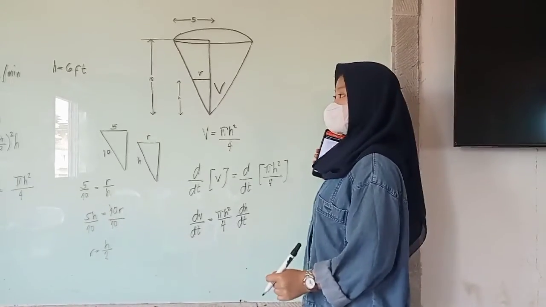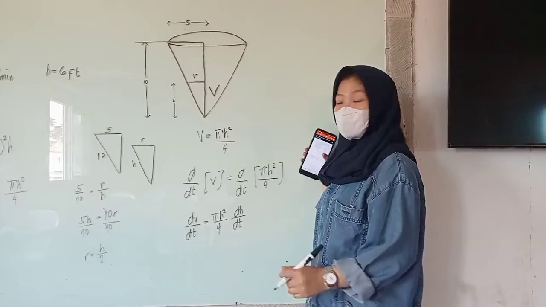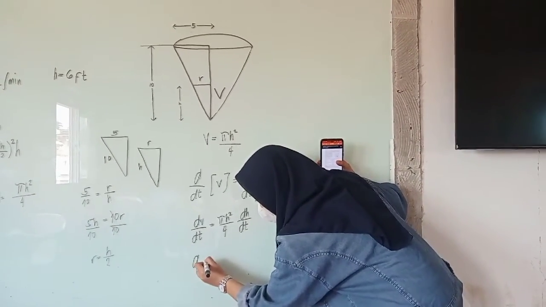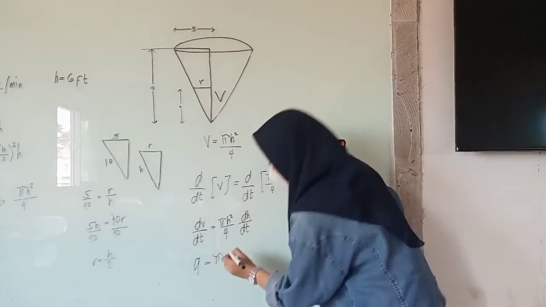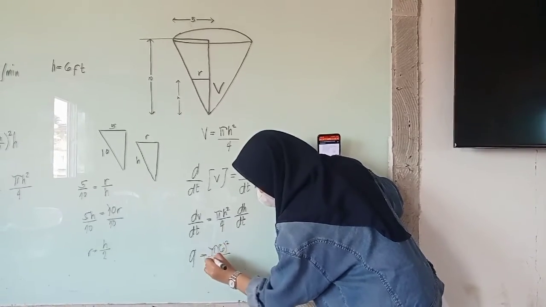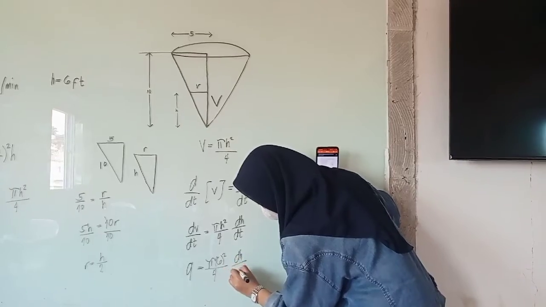Since we are given the rate of change of volume with respect to time, which is 9, we substitute: 9 is equal to pi times the height, 6 feet, squared over 4, times dh/dt.